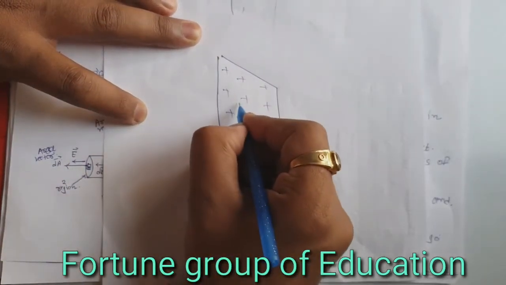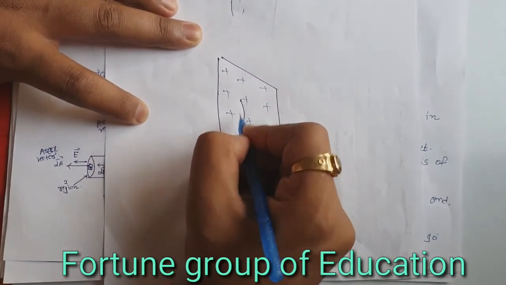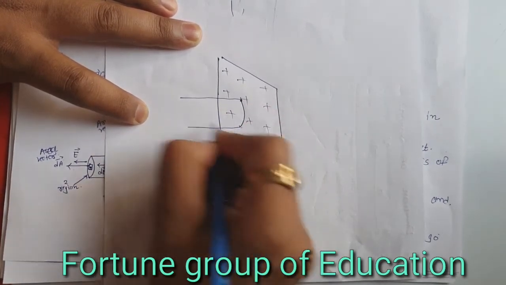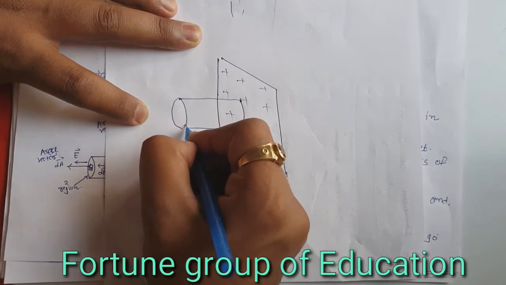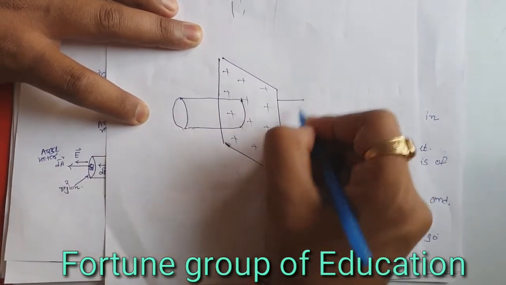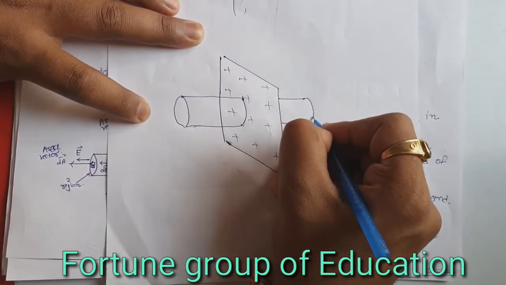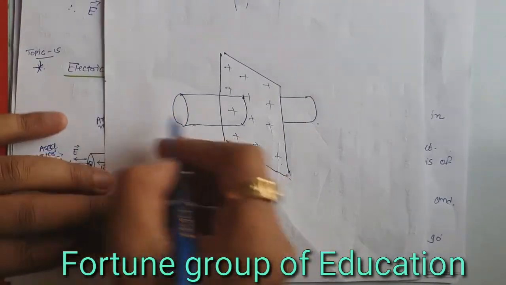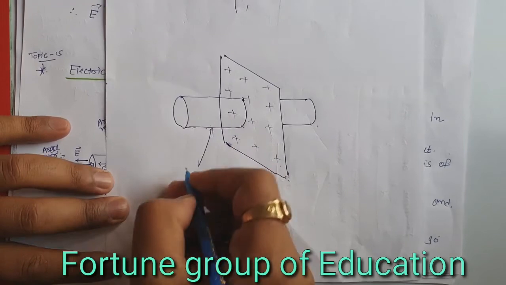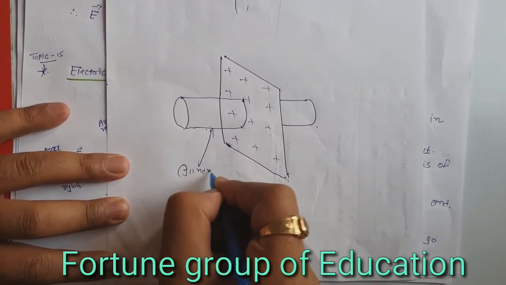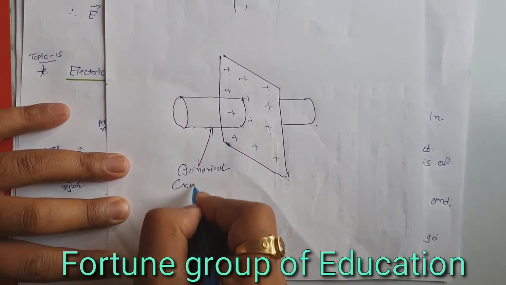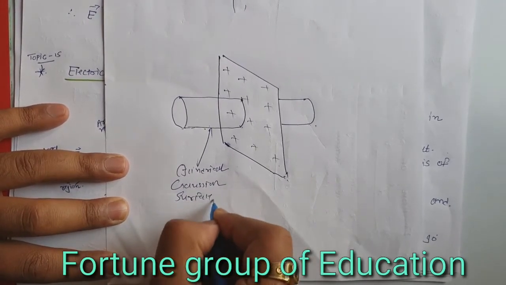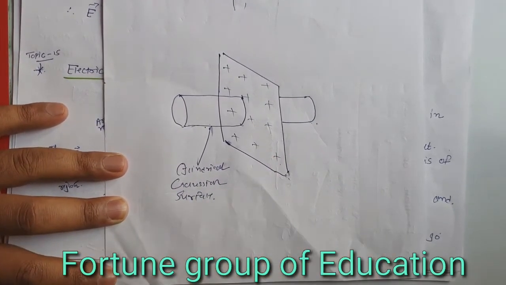Now this is a cylinder of the Gaussian surface. This is a cylindrical Gaussian surface, and we can place it like that. The cylindrical Gaussian surface is perpendicular to the sheet charge.